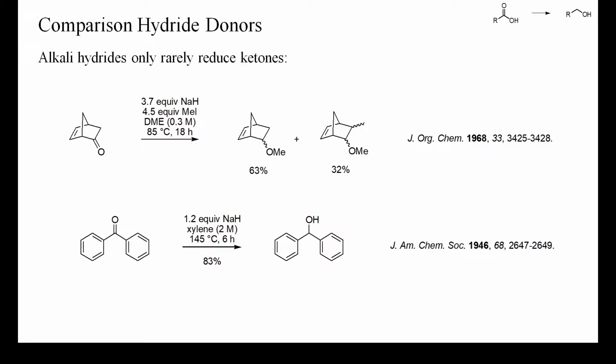In the reduction of benzophenone with sodium hydride, the reaction mixture turned blue, which indicated the formation of the ketyl radical anion. Accordingly, this reaction was not only a nucleophilic addition of hydride to a ketone, but proceeded at least to some extent by stepwise single electron transfer, followed by protonation.